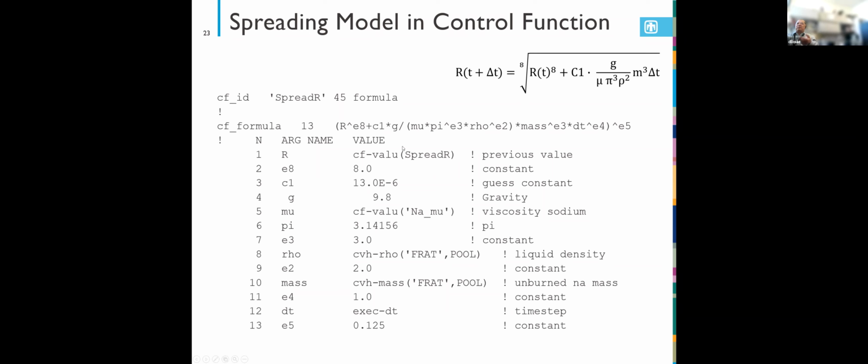That's how you're incrementing your R. The smaller the C1 here, the smaller the spreading is, right? If you have a higher viscosity, also slower the spreading, okay? Smaller mass: as time goes on, most of the liquid sodium is going to be reacted, so you have a smaller mass as well.